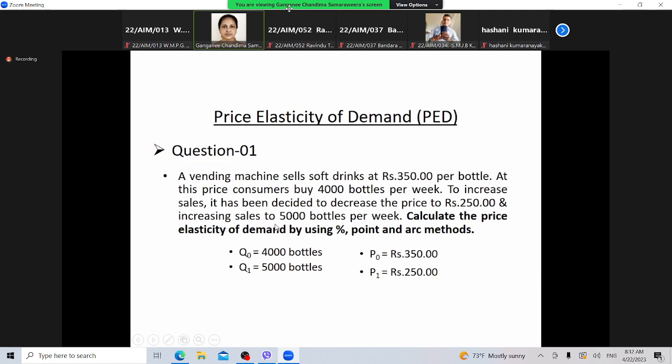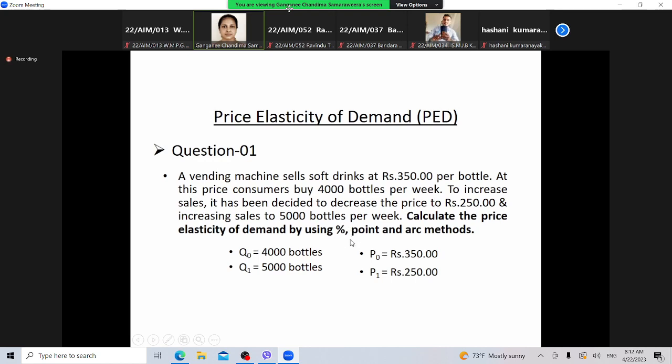And increasing sales by the price decrease, obviously, while reading, just logically think. Yes, price decrease means it should increase the quantity demanded. The increasing sales to 5,000 bottles per week because consumers now demanding more and more, from 4,000 to 5,000. So, you need to calculate the price elasticity of demand by using percentage, point, and arc method.